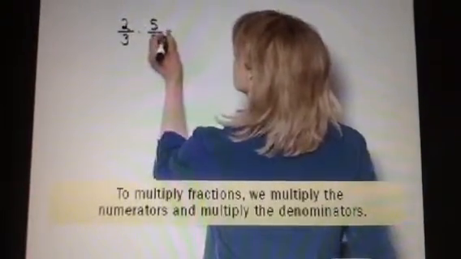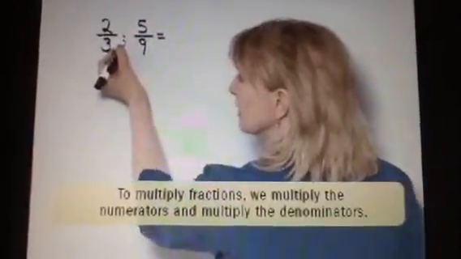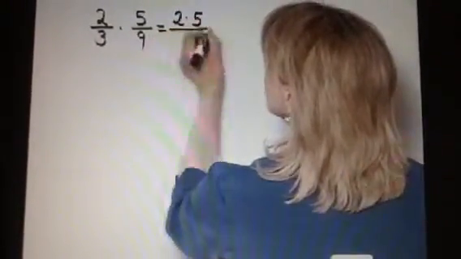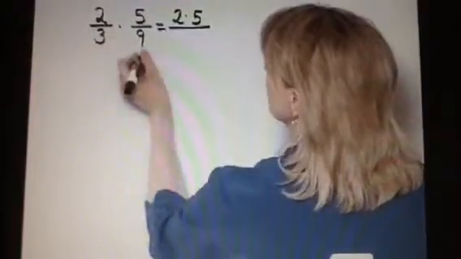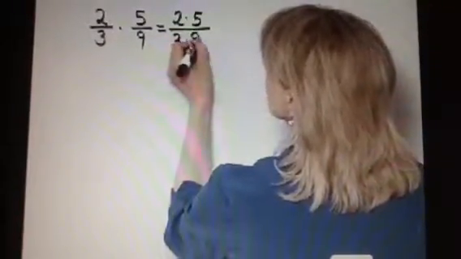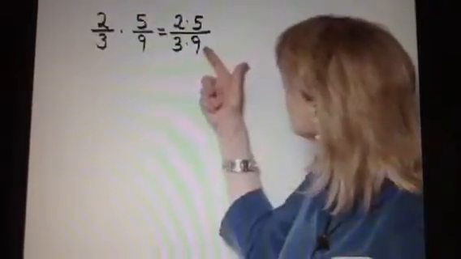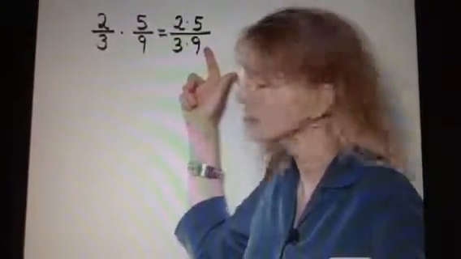So here, the operation is multiplication, so it's 2 times 5 in the numerator over 3 times 9 in the denominator. And then I can think about the fact that 9 is 3 times 3.